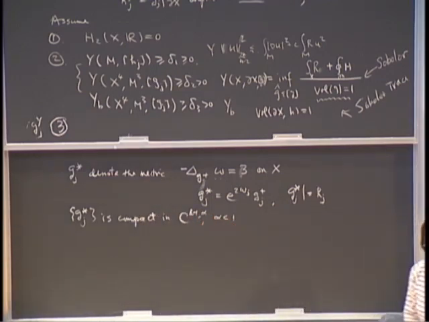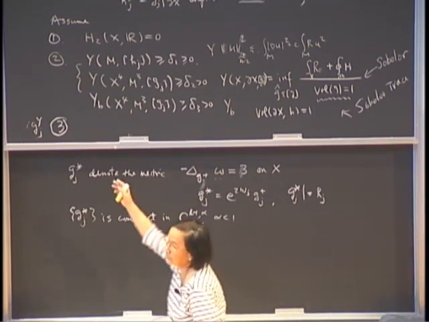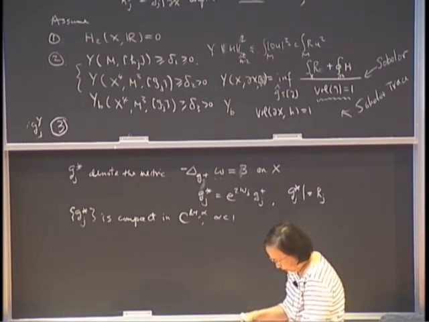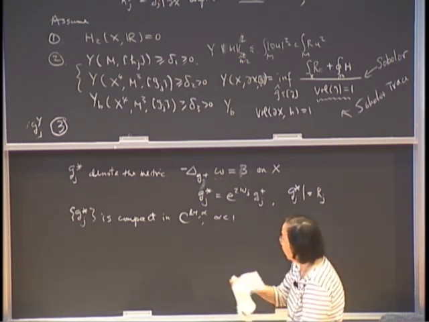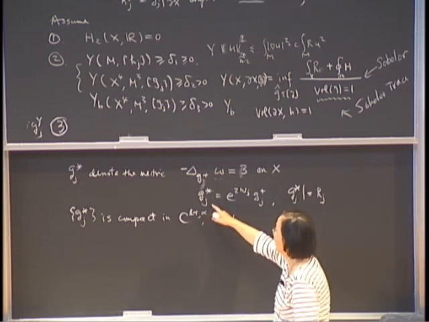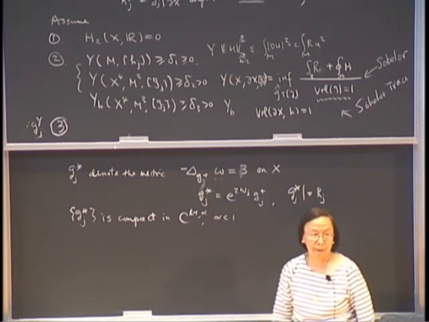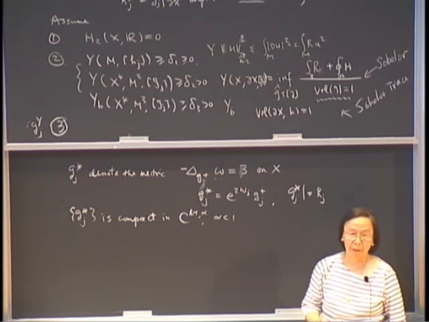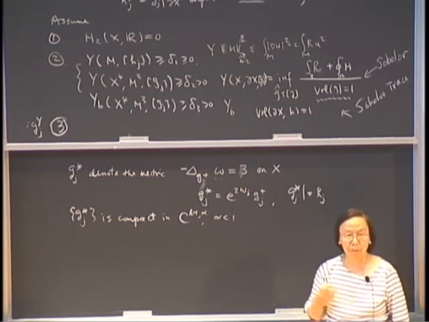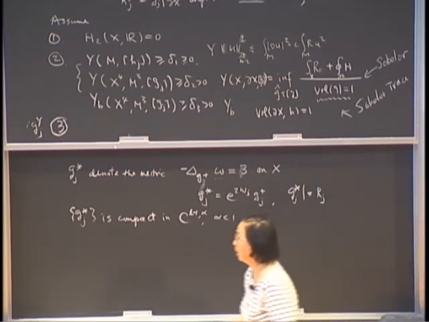Okay, so that's the statement of the theorem, but I still need to explain what the third condition is. Now let me explain the third condition and what this metric is. This metric has appeared in the study of some other object called renormalized volume in conformal geometry.